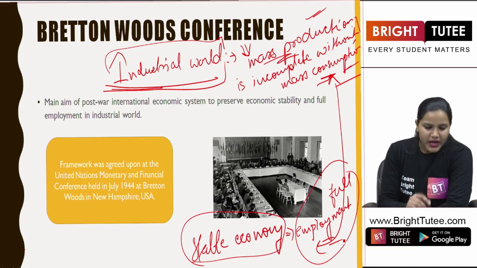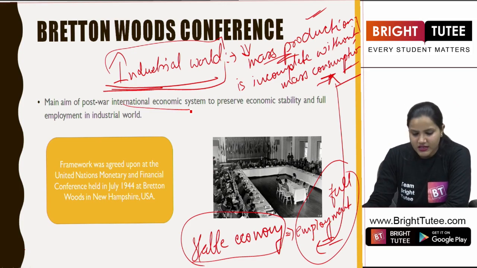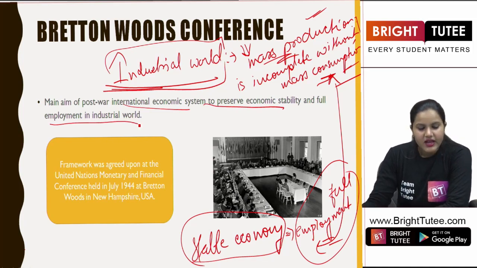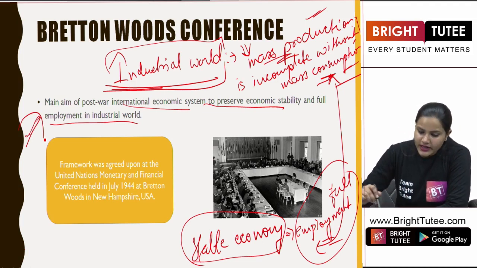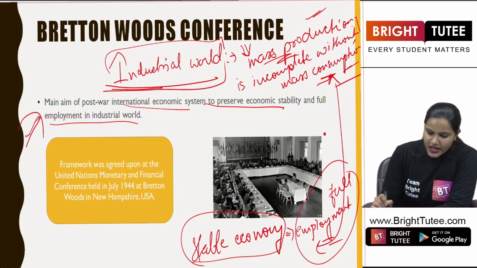Therefore, the main aim of the post-war international economic system was to preserve economic stability and full employment in the industrial world. So this was the main aim, students, after the Second World War. Quite a nice way to understand the whole concept here, right?